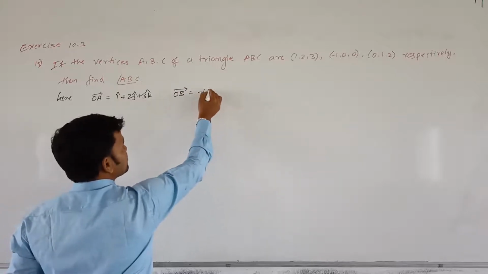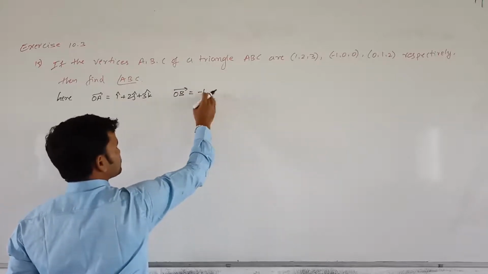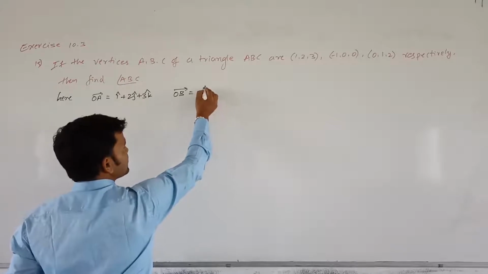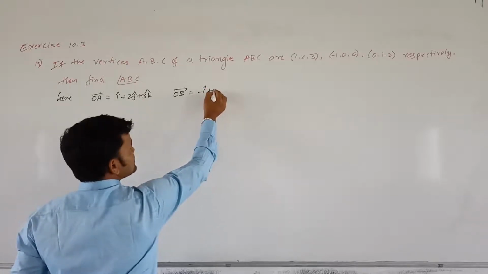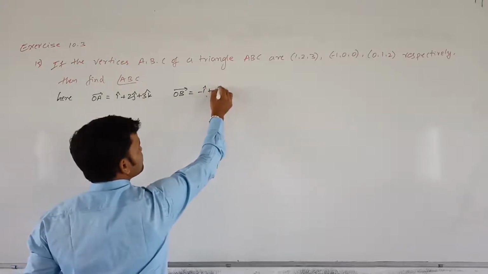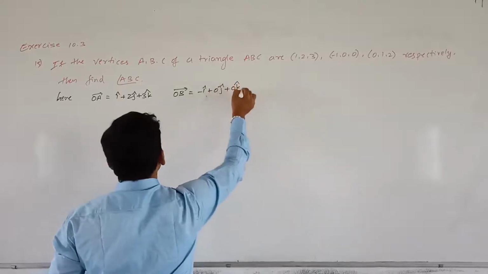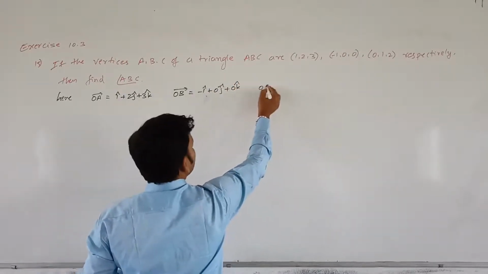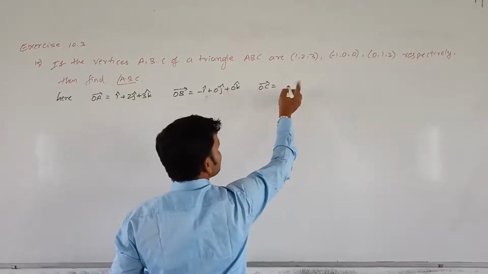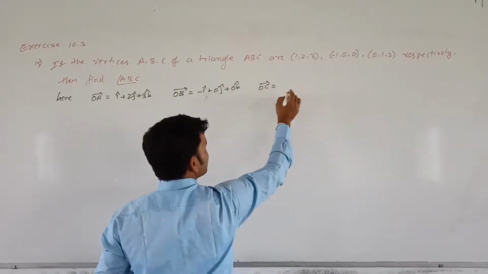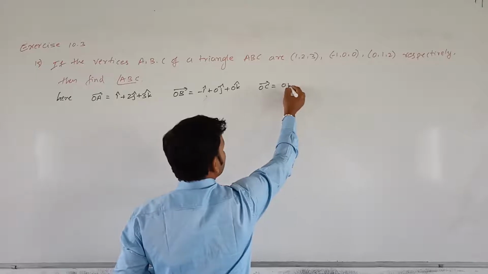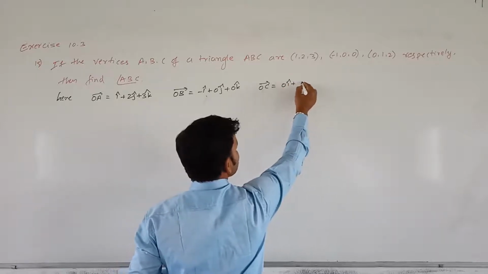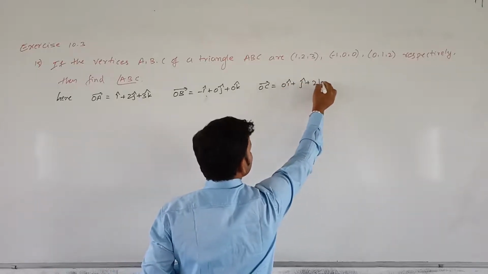What is that? Minus 1i plus 0j plus 0k. Even if you know, we need not write this. Next, vector OC, I component is 0. Directly we can write j component and k component, no problem. But let me write that. 0i plus 1j plus 2k.